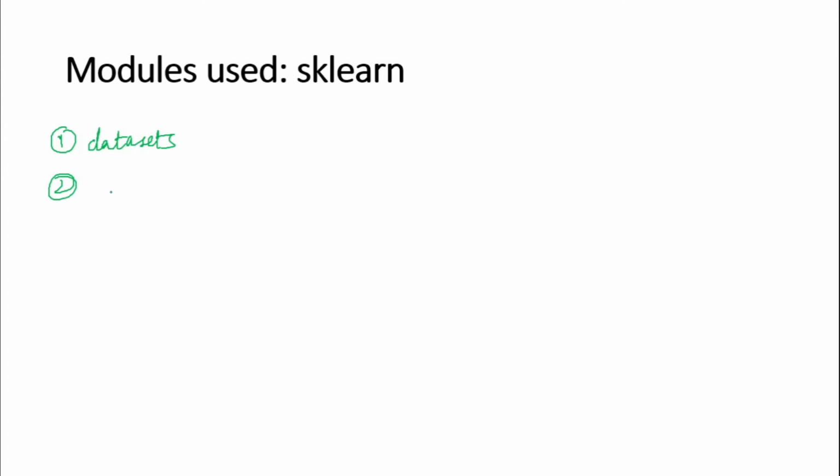Second is metrics, third is cluster, the fourth is mixture. And how can I use these submodules? Using sklearn.datasets, sklearn.metrics, sklearn.cluster, sklearn.mixture.